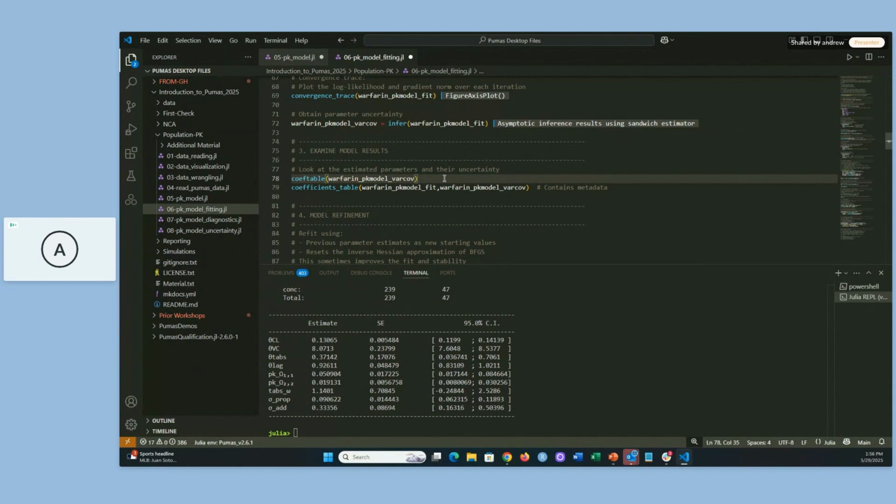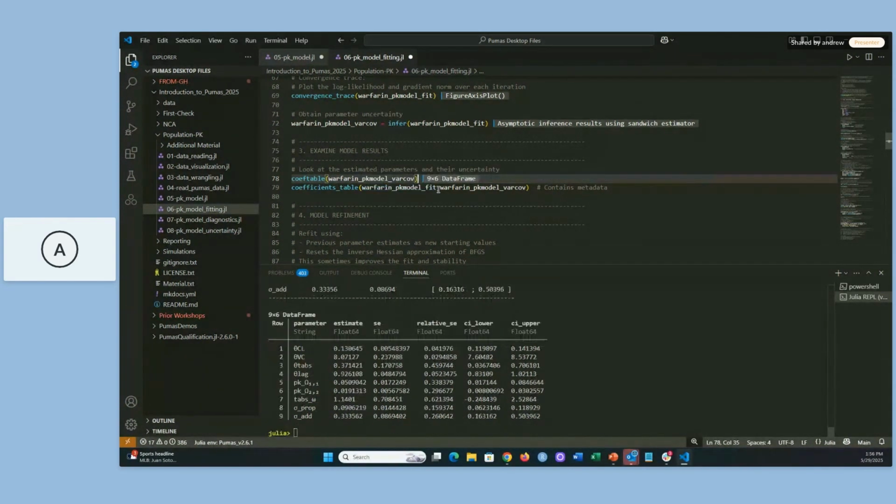This is also kind of a summary. You can use the coef table function just as a summary of what each of those are, and again, we're pulling it from this inference to give us essentially a data frame that we could eventually perform other mathematical operations on, or use summary tables, table 1, to summarize as well.